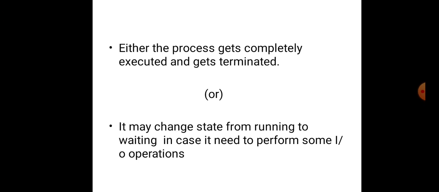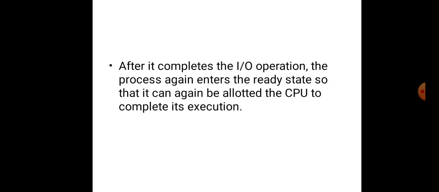Input output is the communication between an information processing system such as a computer and the outside world, possibly a human or another information processing system. After it completes the IO operations, the process again enters the ready state so that it can again be allotted to the CPU to complete its execution.